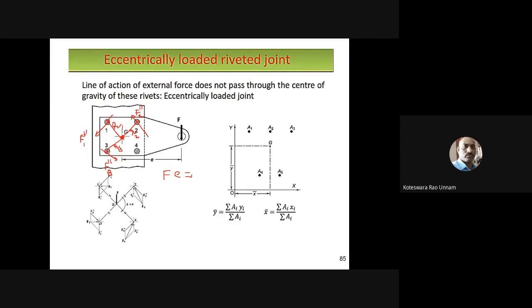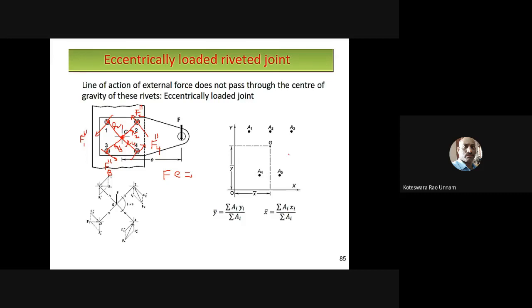For rivet 4, the force acts in this direction with magnitude F4 double dash, and the distance is R4.